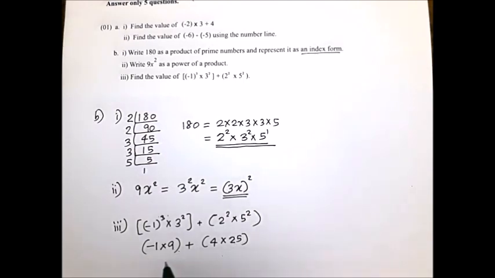Minus 1 multiplied by 9, minus 9. 4 multiplied by 25, 100. Then addition of two directed numbers with different sign. So you have to subtract these two and put the sign of the larger one. Answer is plus 91.